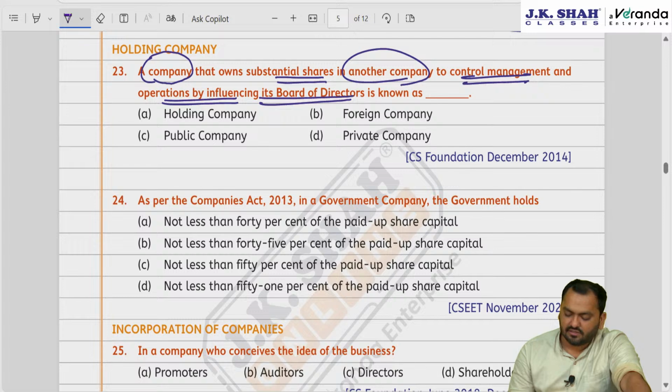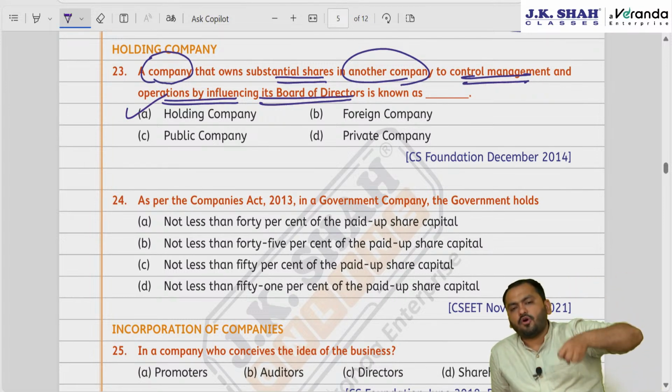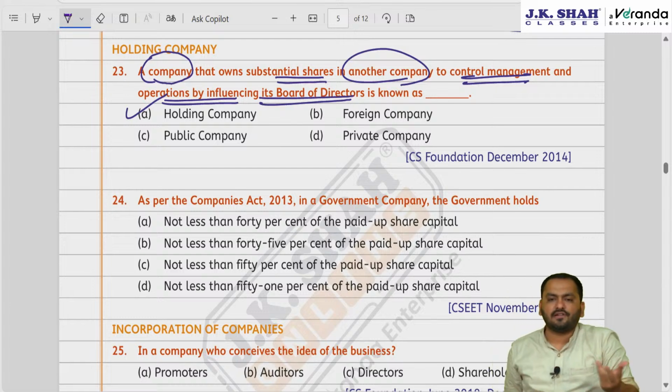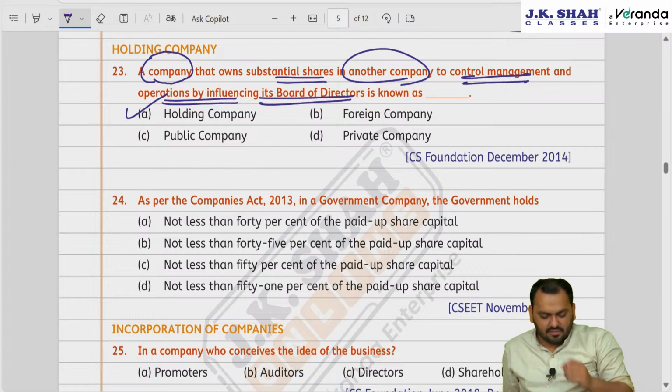The answer is a holding company, because a holding company owns a good amount of shares in another company. That good amount is nothing but 51% or more, obviously. So the answer is a holding company, very simple.